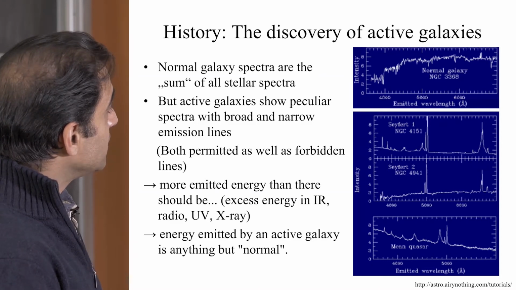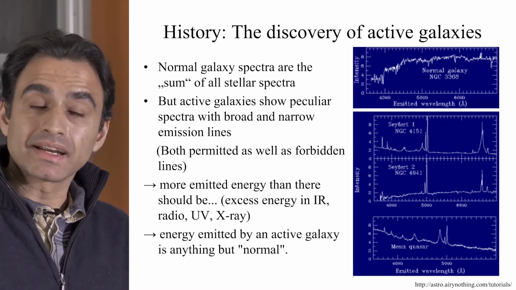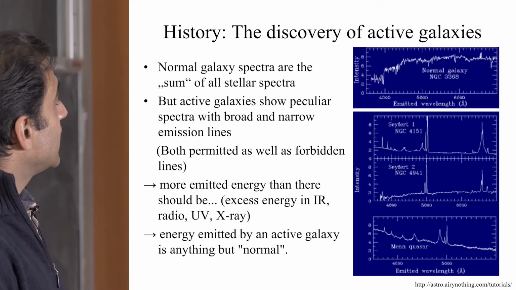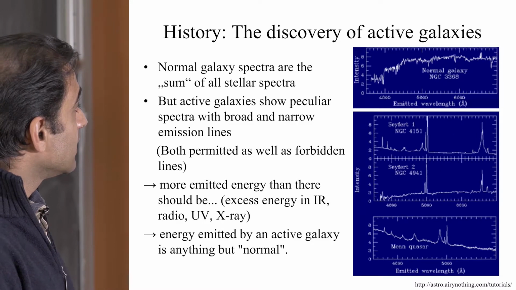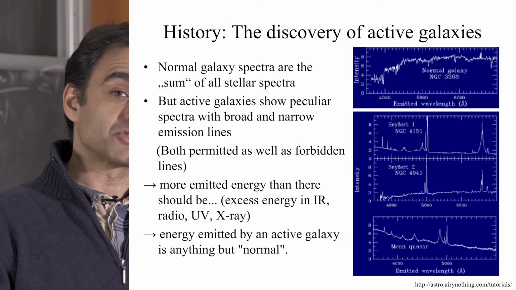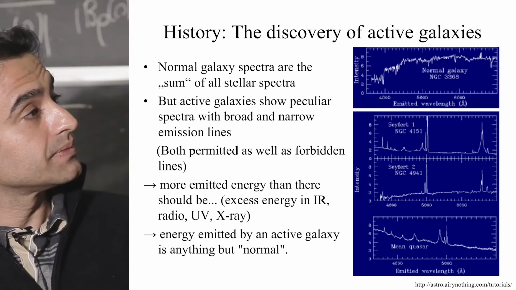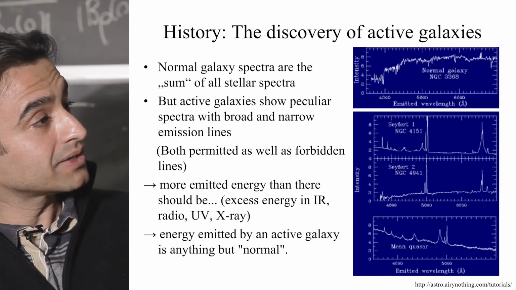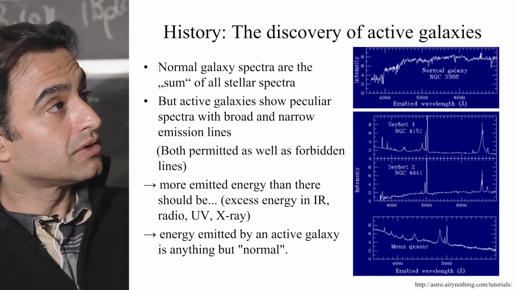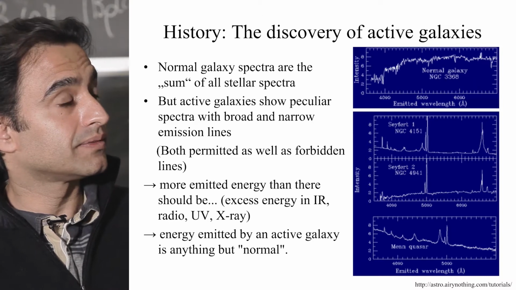However, when you look at galaxies that are characterized by an active nucleus, and these are usually called, especially in the local universe, Seyferts, by the first astronomer who discovered them, you can see that their spectral behavior is very different from that of a normal galaxy.